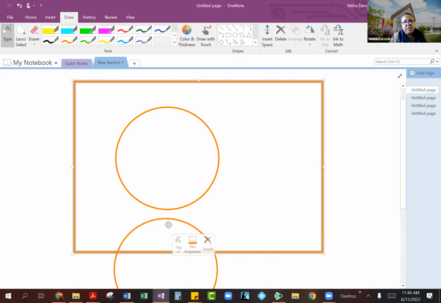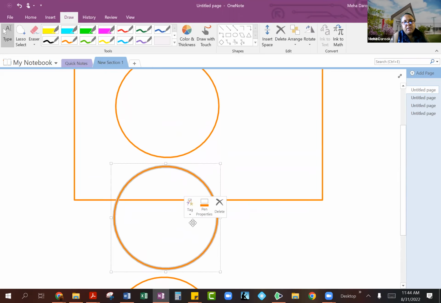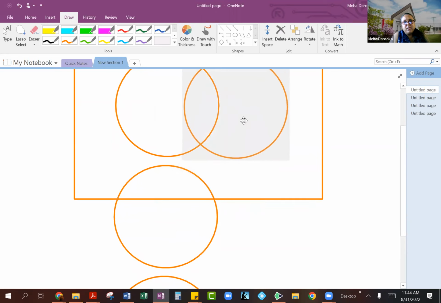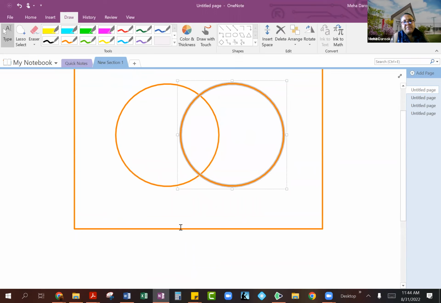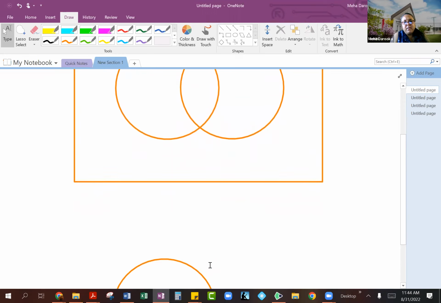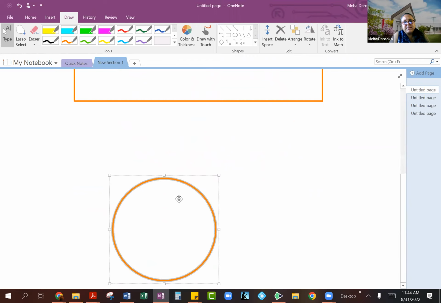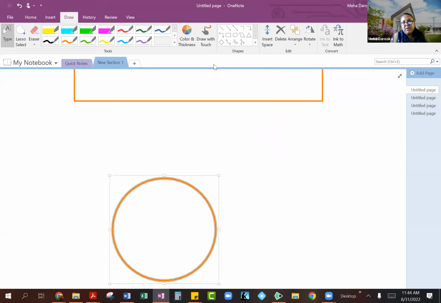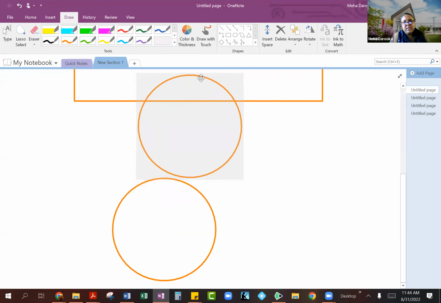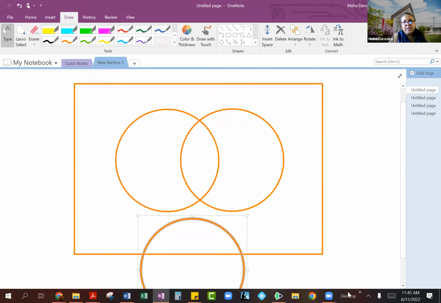And we will definitely create them as overlapping circles, since there might be some overlap happening between the color, the size, and the brand. So something like this.